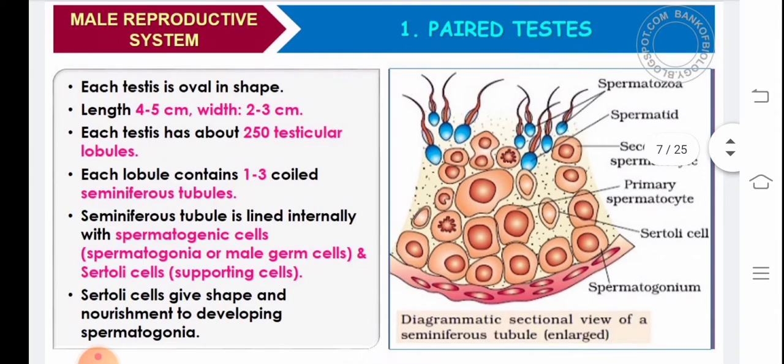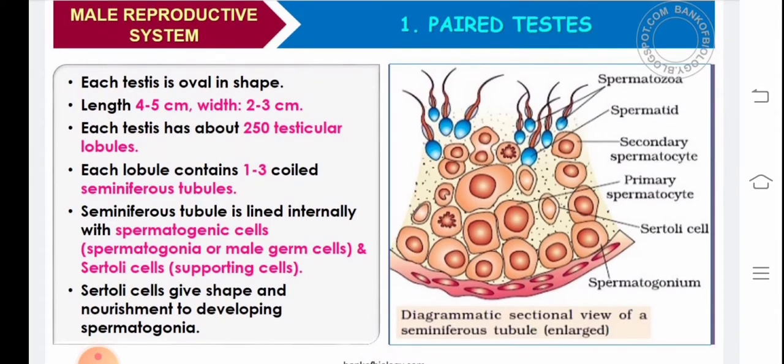Now we'll see the internal structure of testes. So here is a diagrammatic section of seminiferous tubule. We'll study what are seminiferous tubule. So each testis is oval in shape, and each testis has approximately about 250 segments. Those segments are called as lobules.